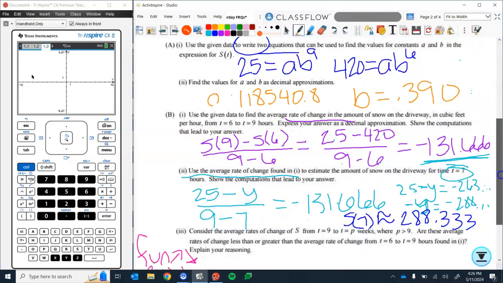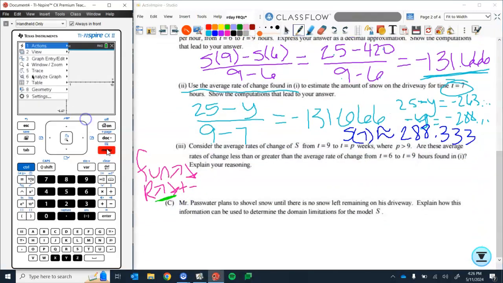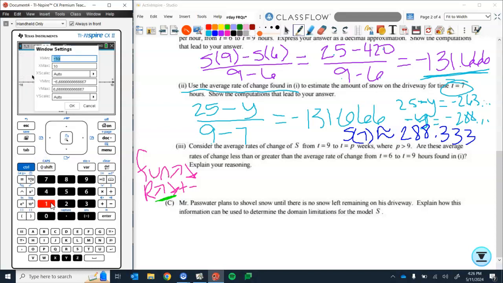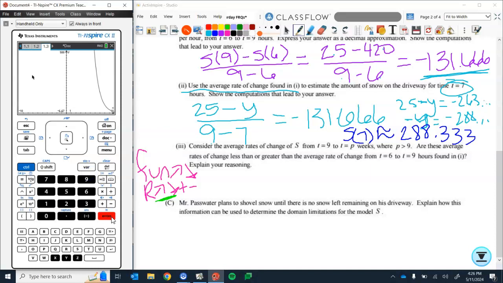So maybe I go to 500 and I can see what it looks like. So menu for Window settings, I'm going to change this to 500. Let's see what it looks like. Oh, that's what it looks like. And so I can only see part of it.